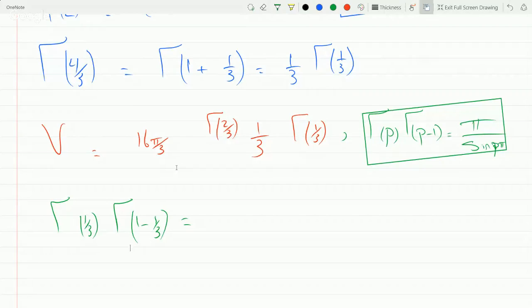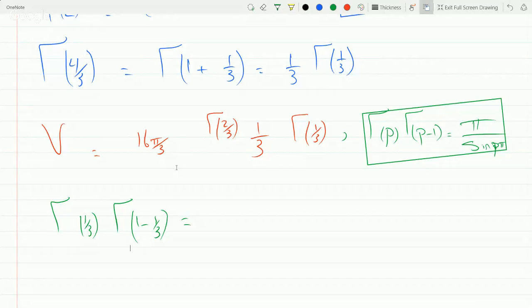Oh, wait. That's not the complete volume, is it? No. Complete volume. There we go.